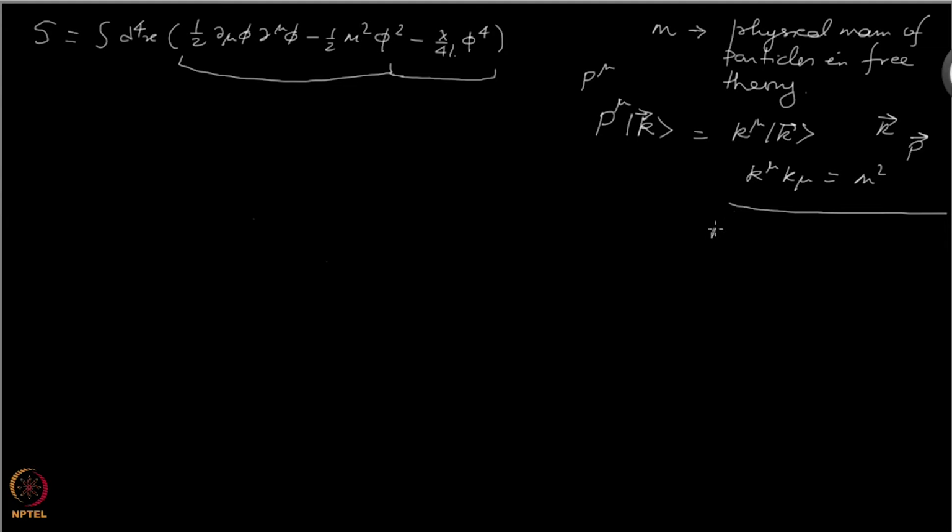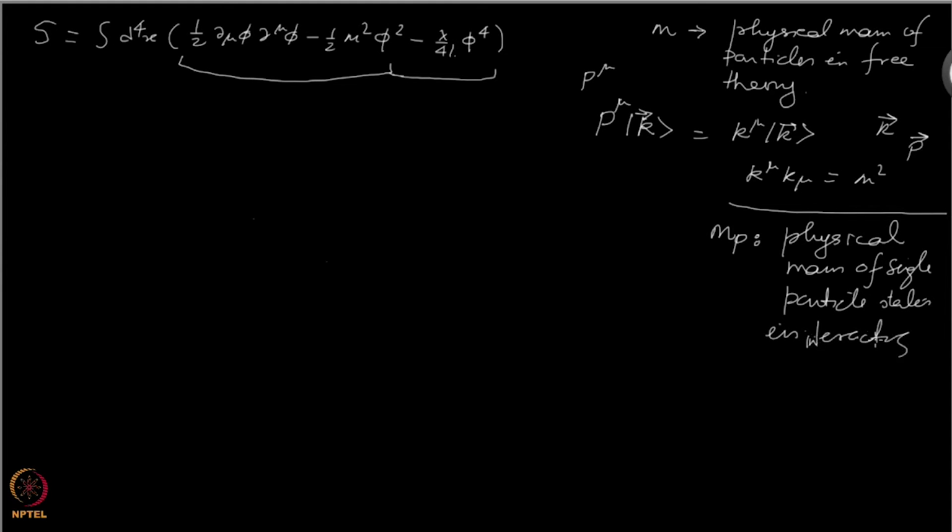So, let me say m p is the physical mass in the interacting theory. In Phi-4 theory, m p is the physical mass of single particle states.